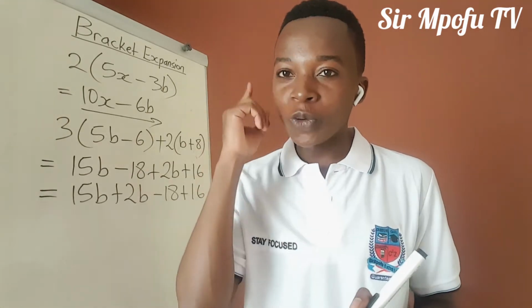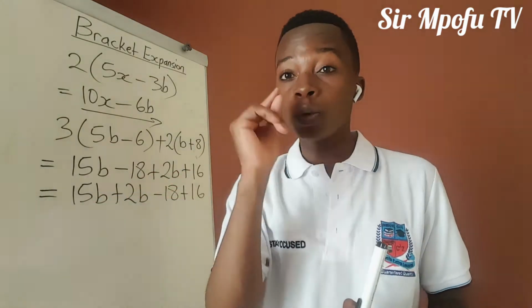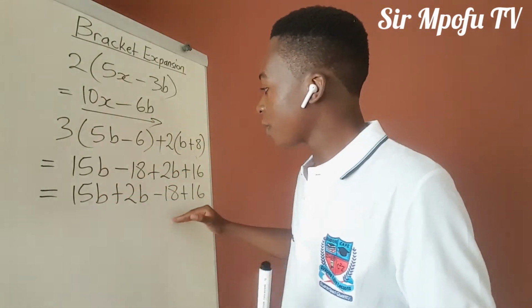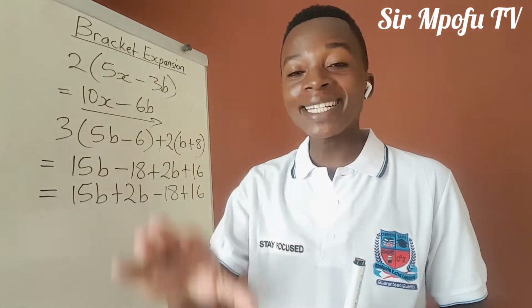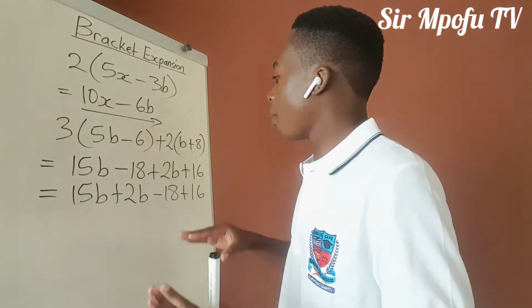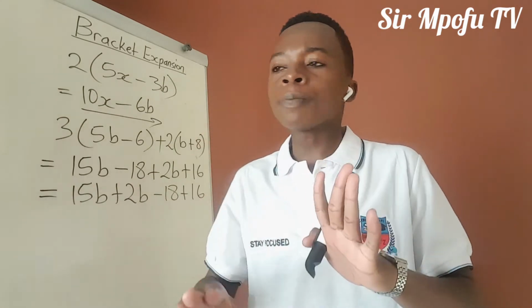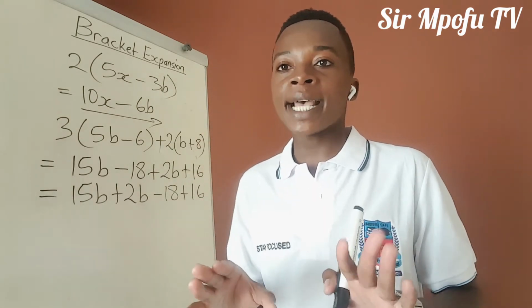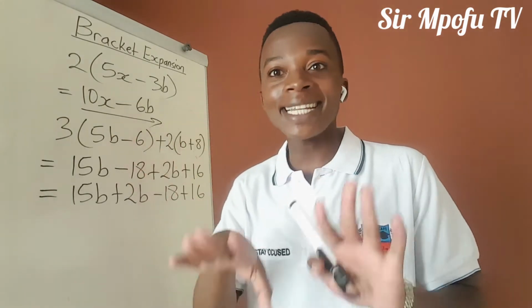So for you to get a correct answer, you should not change the signs of the terms as you simplify after collecting like terms. Remember, this is bracket expansion. Don't confuse concepts in mathematics. I know that someone might say, but you told me that when I'm solving equations, change sign. Yes, that is 100% correct. These are not equations. It's bracket expansion.